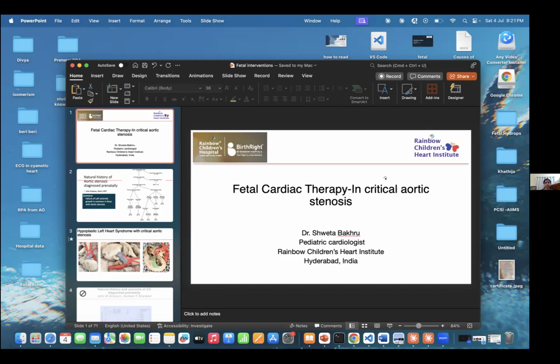Sometimes we feel there is no coarctation, but it will appear 2 to 3 months after birth. Then they will come to me for the first time and ask, was the fetal medicine specialist wrong in diagnosing? So we never ever, because at that particular time you are not doing longitudinal scans. In left heart disorders, the key is you have to do longitudinal scans, very important when you are following the fetus. Thank you, sir.